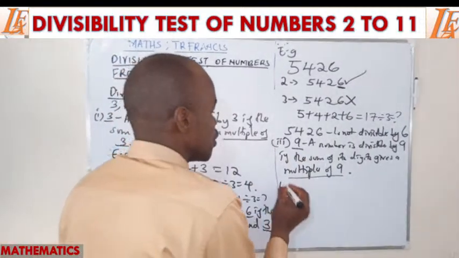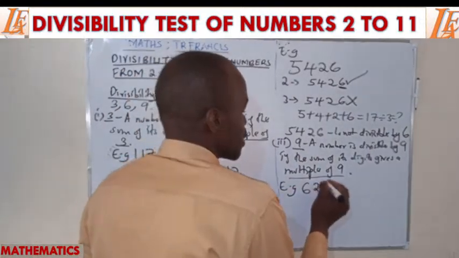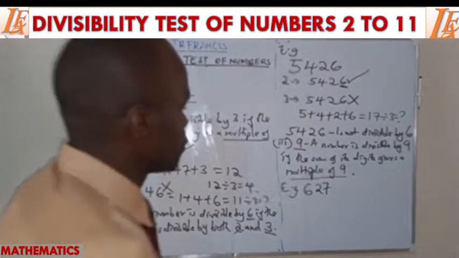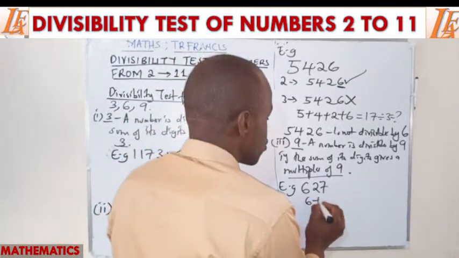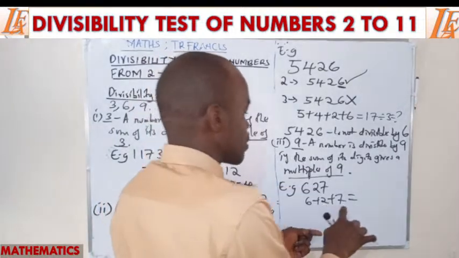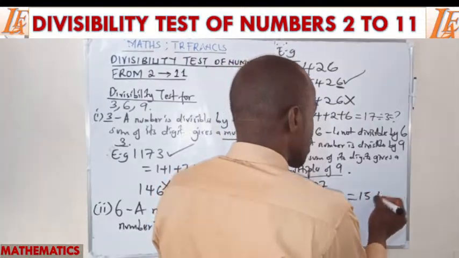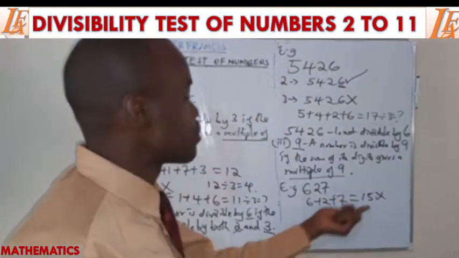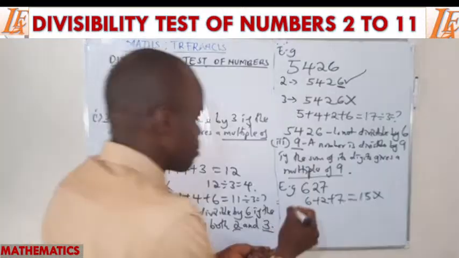For example, 627. We add them: 6 plus 2 plus 7. 6 plus 2 is 8, plus 7 is 15. So this is not divisible by 9 because 15 is not a multiple of 9.